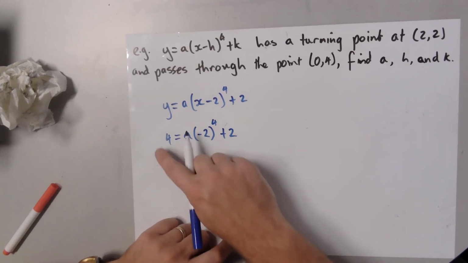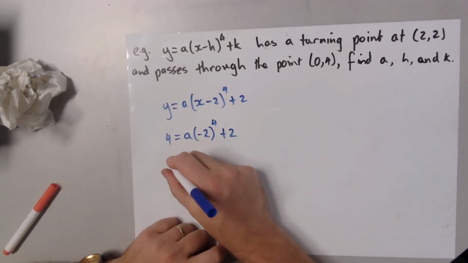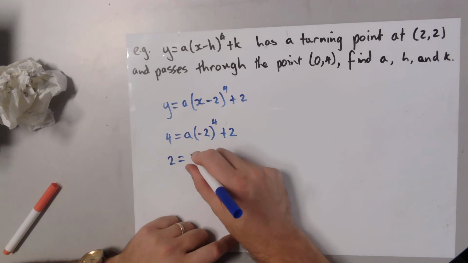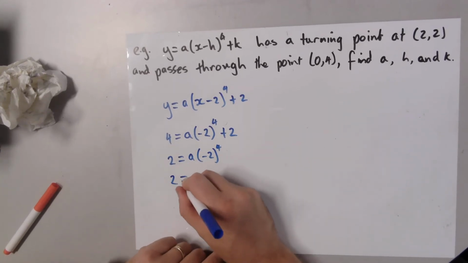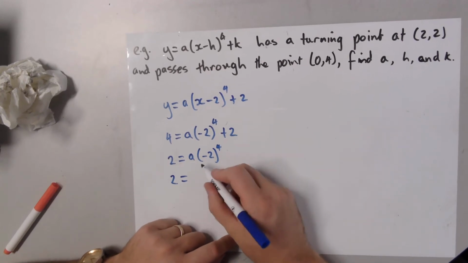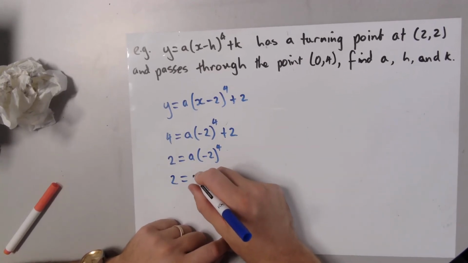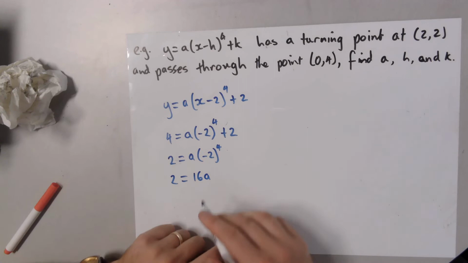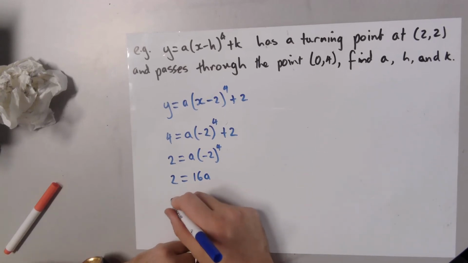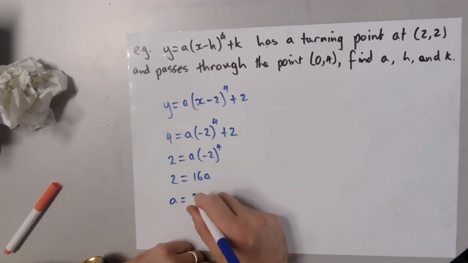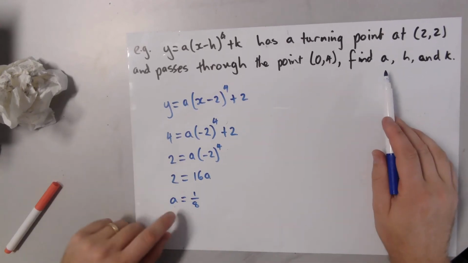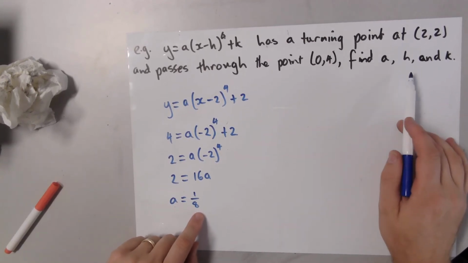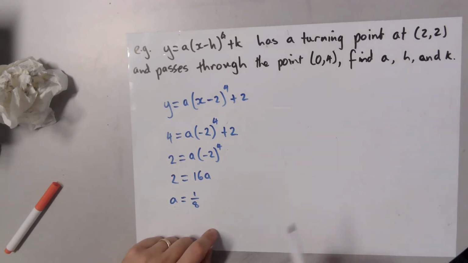If I take my 2 away, I get 2 equals a outside of negative 2 to the power 4. Negative 2 to the power 4, sorry, is positive 16. So I get 16 times a, divide by 16, and I get a equals 1 on 8. So my values are a is 1 on 8, h is 2, k is 2.